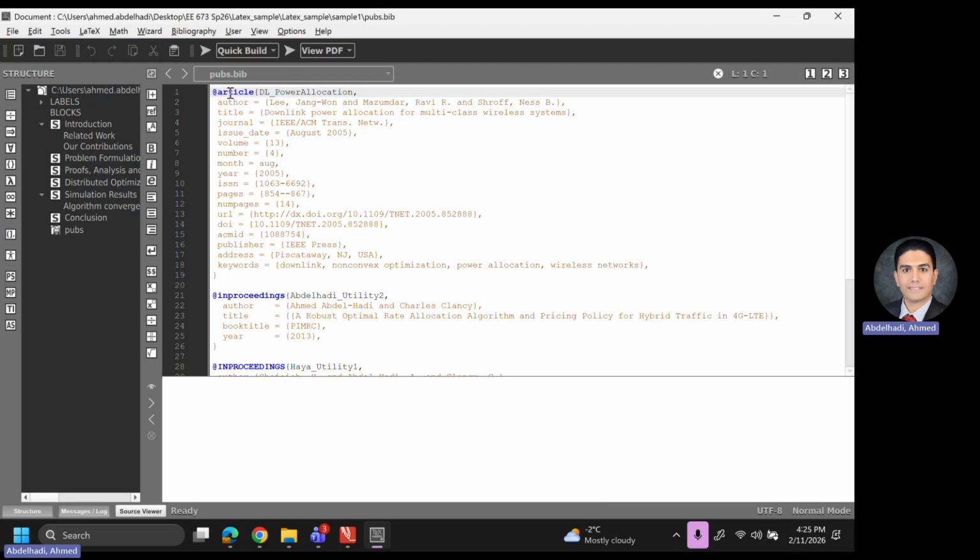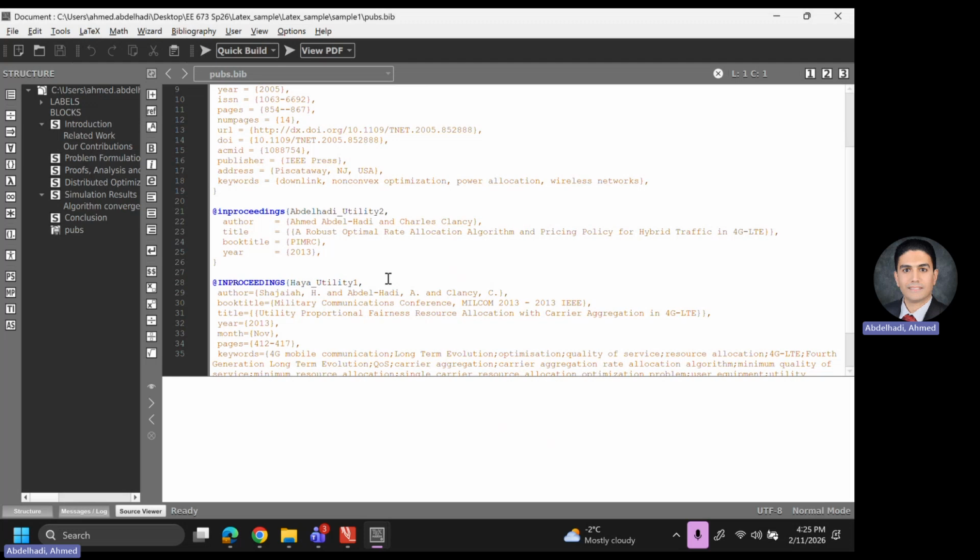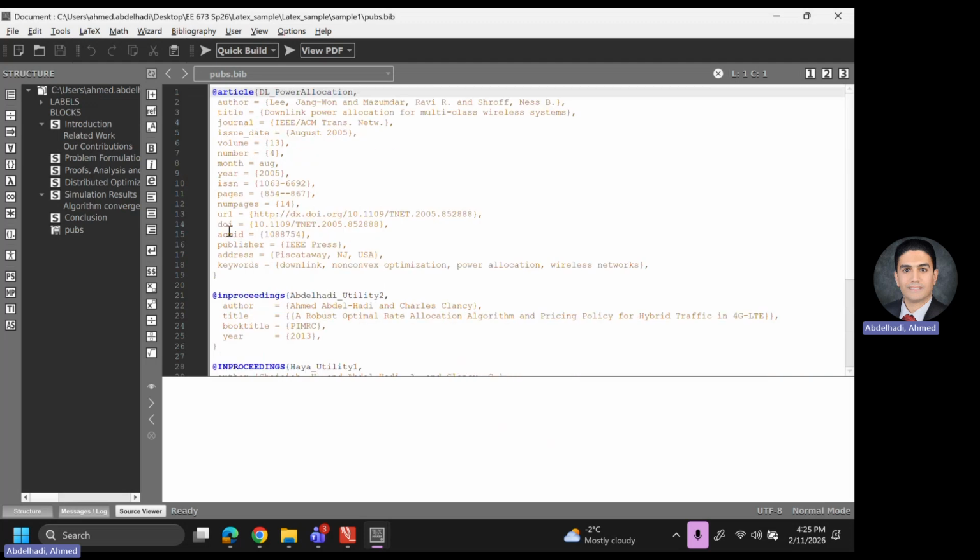So add an article and then write the article, some symbol here, or add some name for that article, and then you add the information about the article, the author, the title, the journal it's used for, date, and so on, these types of information. You can find some of these online already ready.